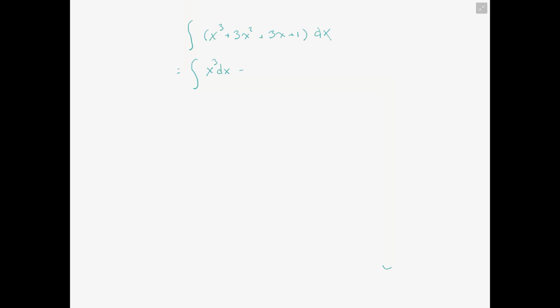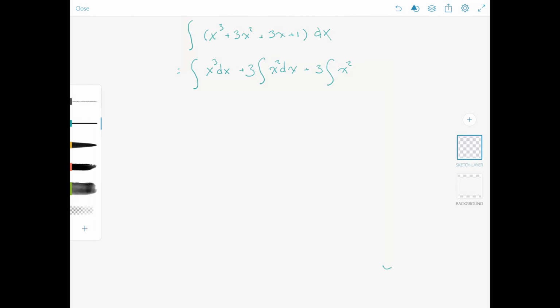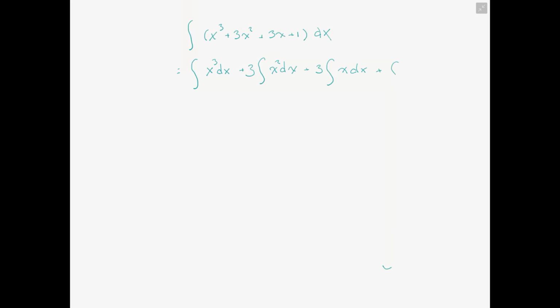So we go x to the third dx plus 3x squared dx. Whoops, sorry, that was not a square. We'll get rid of that. So, plus 3x dx plus dx.